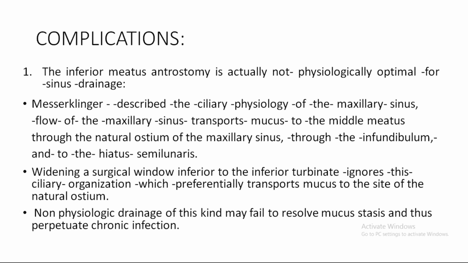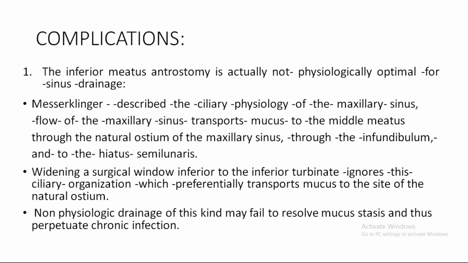Widening a surgical window inferior to the inferior turbinate ignores this ciliary organization, which preferentially transports mucus to the site of the natural ostium. Non-physiologic drainage of this kind fails to resolve mucostasis and thus perpetuates chronic infections.